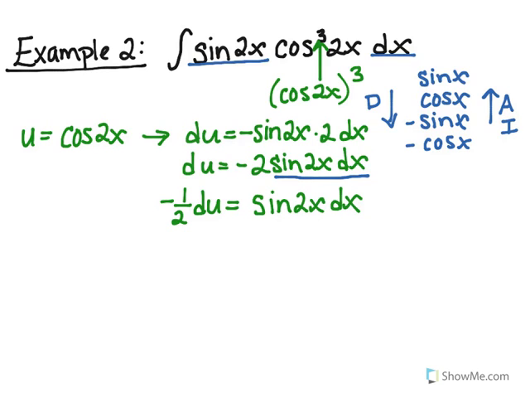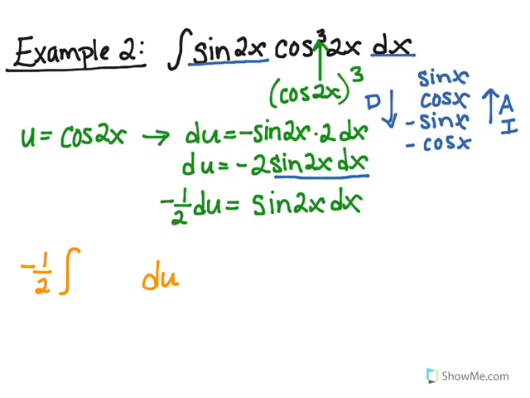And that is what I'm going to use to rewrite my integral. So here we go. The negative 1/2 is going to go out in front. Then I'm going to have my integral sign. Instead of writing the sine 2x dx, I'm writing the negative 1/2 in the du, so I can put a du at the end.